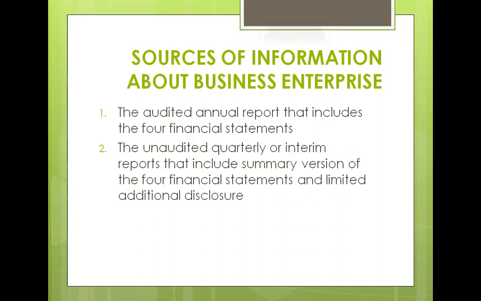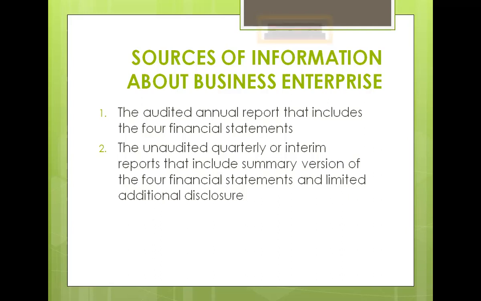Again, what are the 4 financial statements? We have the statement of financial position, or known as the balance sheet statement. We have the statement of comprehensive income. Third, the statement of stockholders' equity. And fourth one is the statement of cash flows, with explanatory notes and the management's discussion and analysis of financial results.